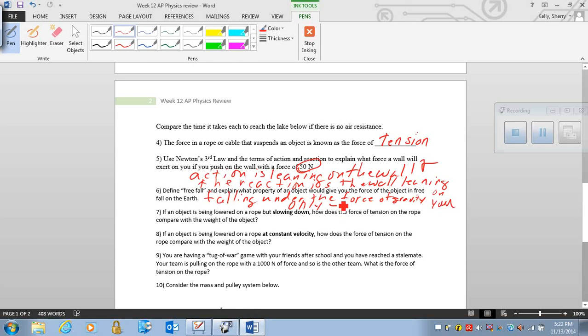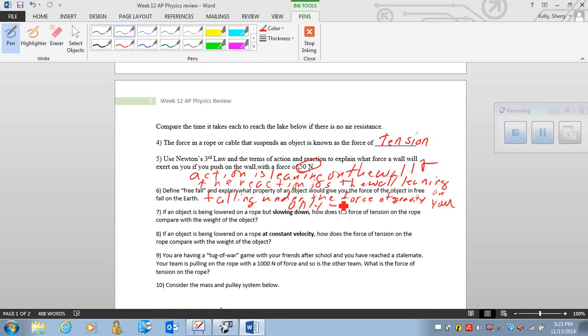And the question is, what property of an object, such as mass or color or position or weight, would actually give you the force of an object on the earth if it's in free fall.